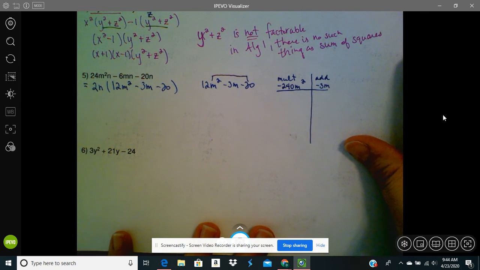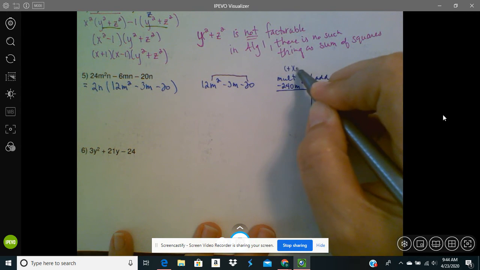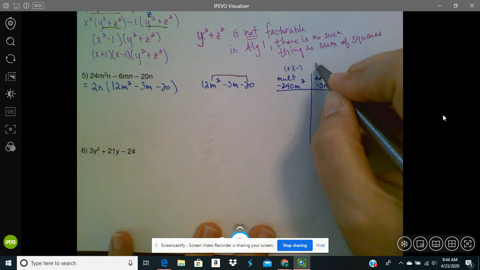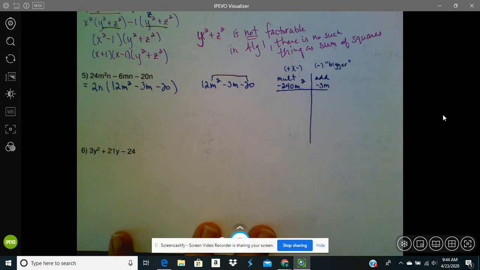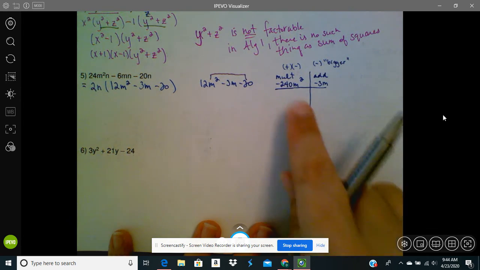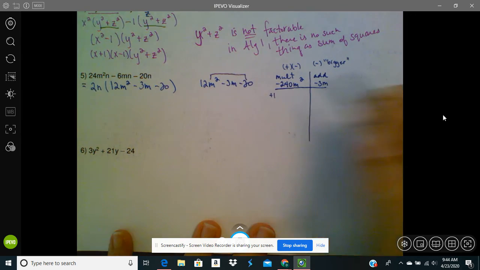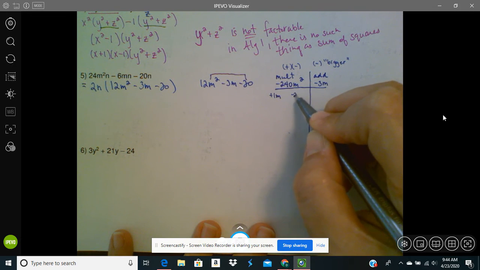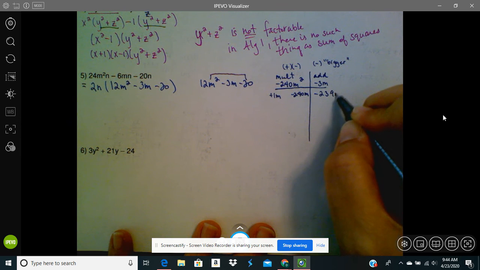In order to get a negative product, these numbers need to be opposites. So one is positive, one is negative. We're adding to a negative number, so that means that the negative sign is going to be in front of the bigger number. All right, you ready? 240. Oh, I just totally messed that up. 240 is 1 times 240. That adds to negative 239m.